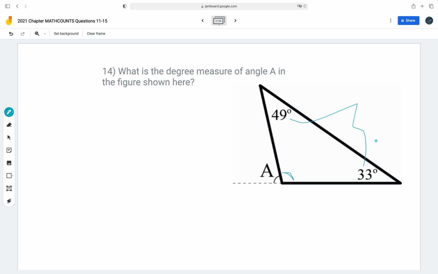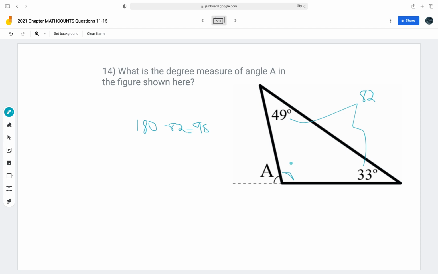That's 50 plus 33 minus 1, so 83 minus 1 is 82. Correct? Yeah. 82. So then 180, because angles in a triangle add up to 180, minus 82 equals 98.